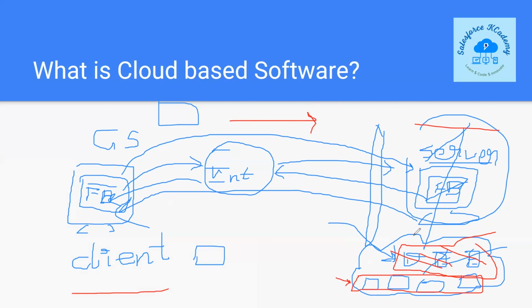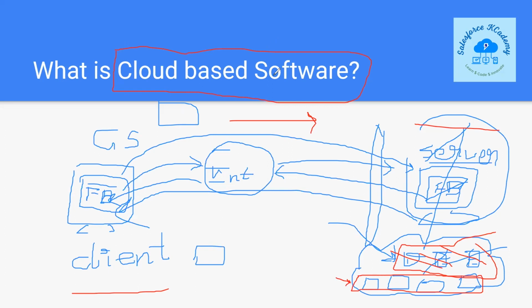And if any of the applications or any of the servers becomes inactive or breaks down, there will be other services which will be active. So this concept is nothing but cloud-based software.